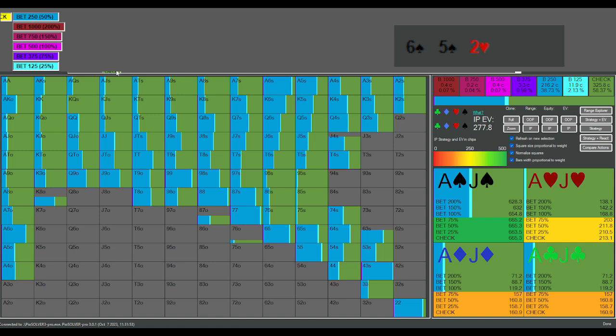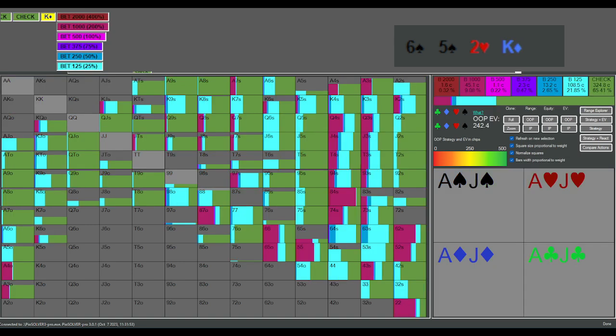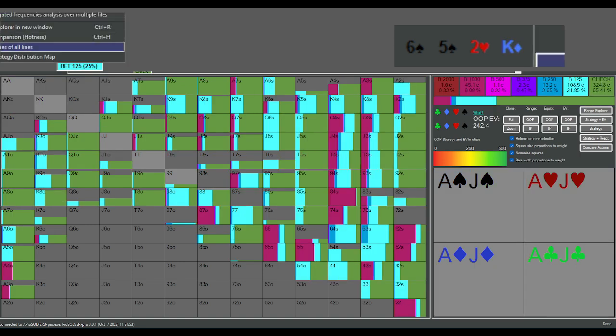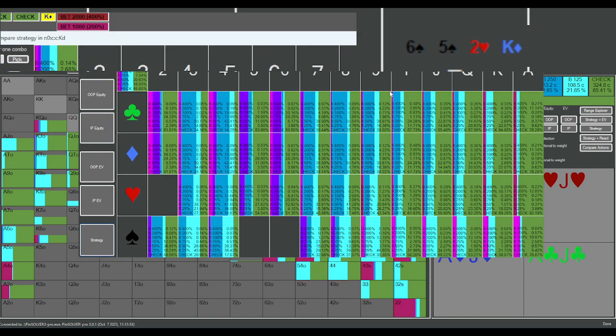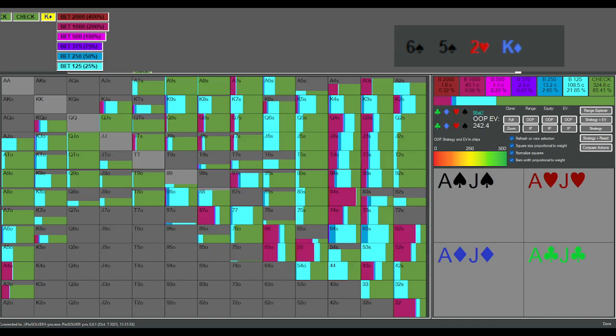So we'll look at a few turns here. We'll just look at the hotness window here. So on high cards, what you'll notice on low boards is that bets in the turn probe line are going to be much more frequent. And it really just has a lot to do with getting protection.